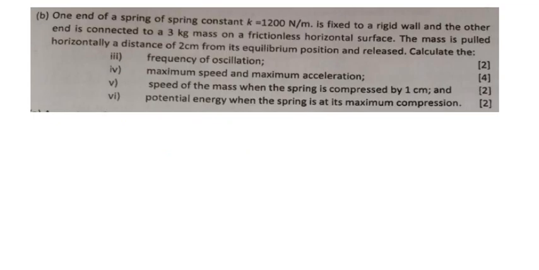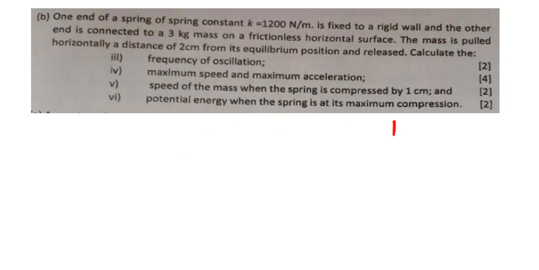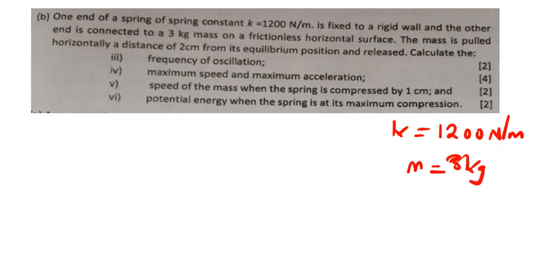We are told that one end of a spring, with spring constant K, which we've been given as 1200 Newton per meter, is fixed to a rigid wall, and the other end is connected to a 3 kg mass on a frictionless horizontal surface.